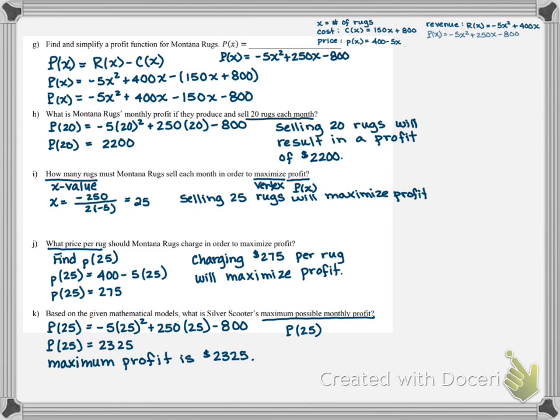You still have to write all of the functions in order to write a profit function. So just because we're asking about profit doesn't mean that you don't need a revenue function, because you need a revenue function in order to write a profit function. You don't have to calculate all the numbers, but you have to write all the functions regardless, even if we're just asking you for one thing.